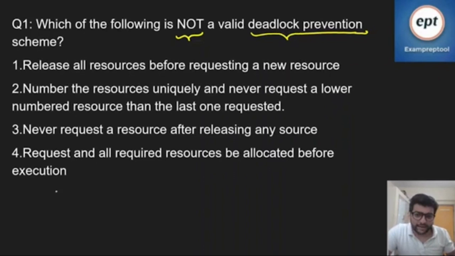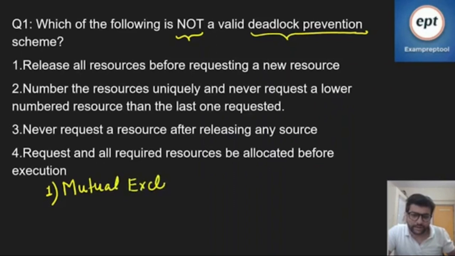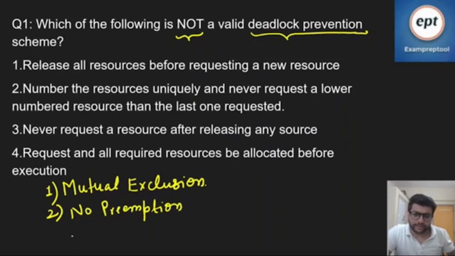We know that there are four conditions which are necessary for deadlock to occur. What are those? First is mutual exclusion. The second is no preemption. The third one is hold and wait.